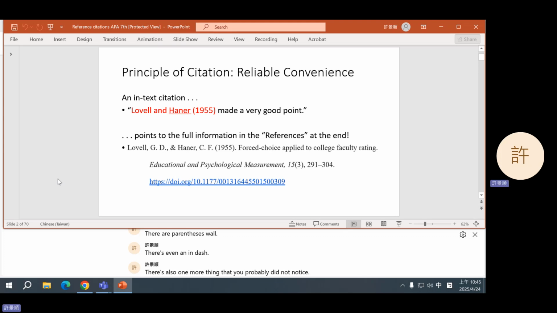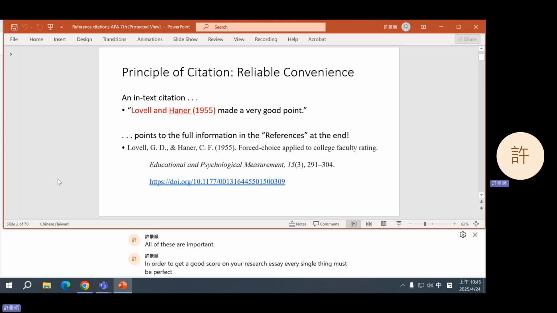There are spaces, 空格. All of these are important. In order to get a good score on your research essay, every single thing must be perfect. So you have to pay attention to details.